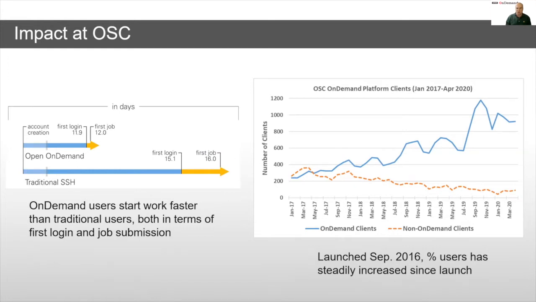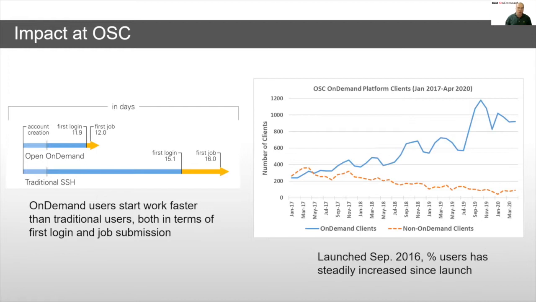There's a very small minority of our clients who come in through traditional methods like SSH terminals. And in the analysis of logs, we've seen that people that come in for the first time through Open OnDemand get to their first job much faster than through traditional SSH methods.